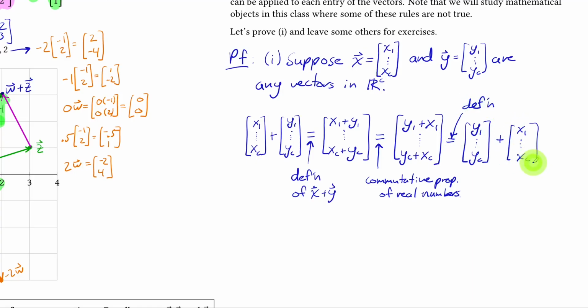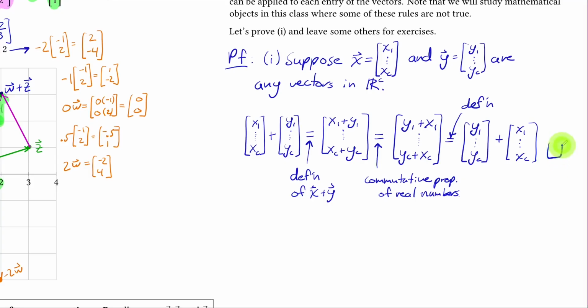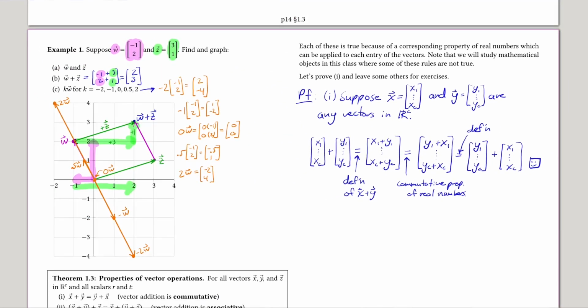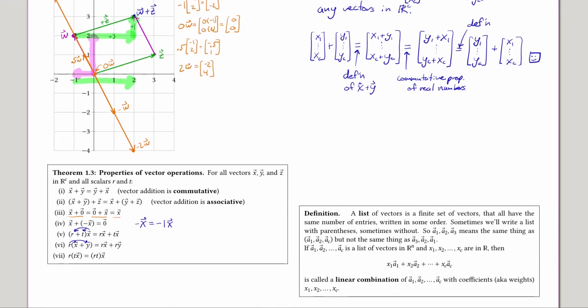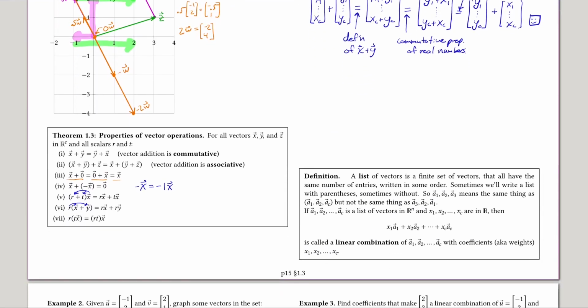And so we have proven that if x and y are any vectors, then you get the same thing on the left-hand side as the right-hand side. So that's what we wanted to prove. So we have our little end of proof symbol here. Cool. So the other exercises are pretty similar to this, where you prove other ones of these.